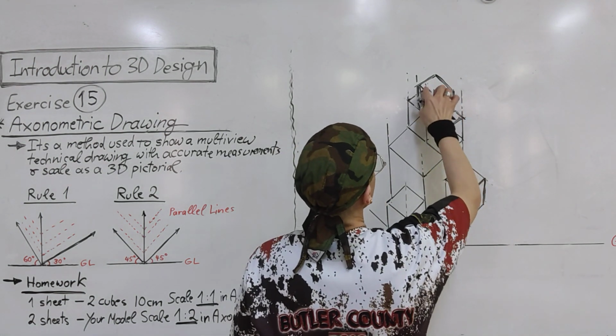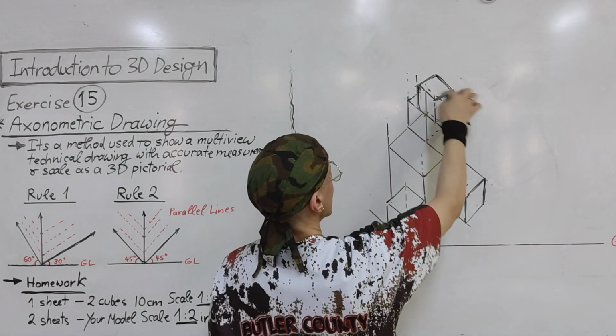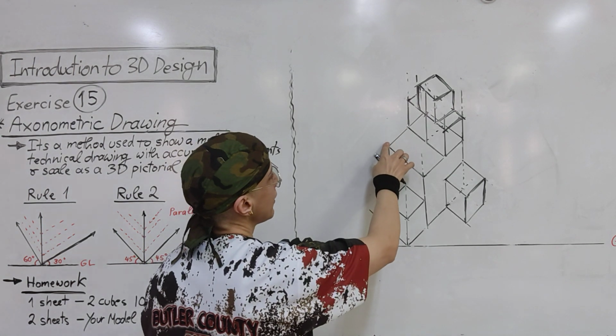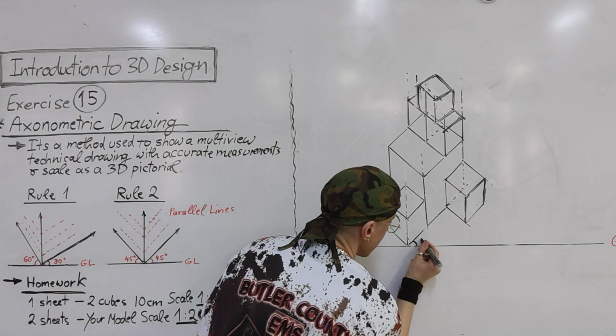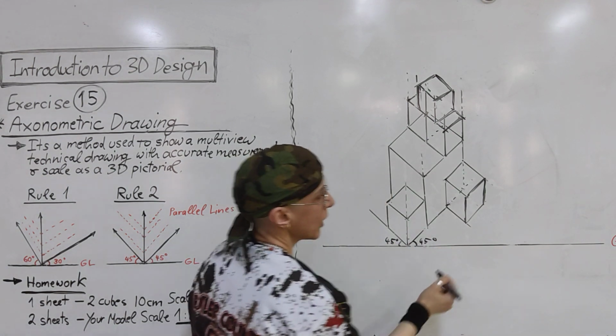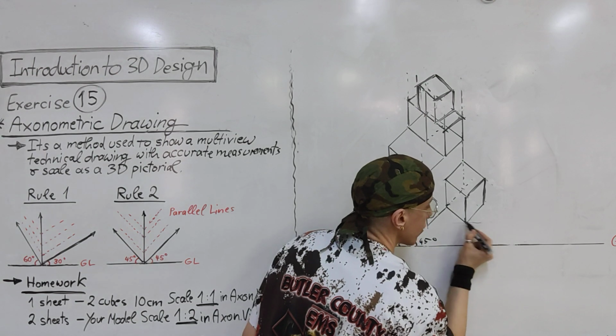And all the back lines, the hidden lines, can be deleted after. Okay, so this is the idea. This is the 45 here, 45. Any line, if I put here, for example, a line, and I measure, this should be 45.